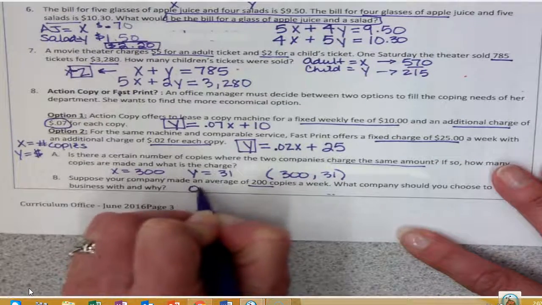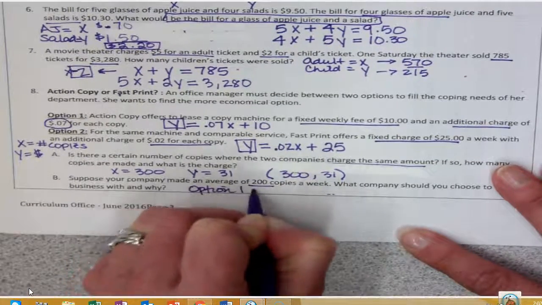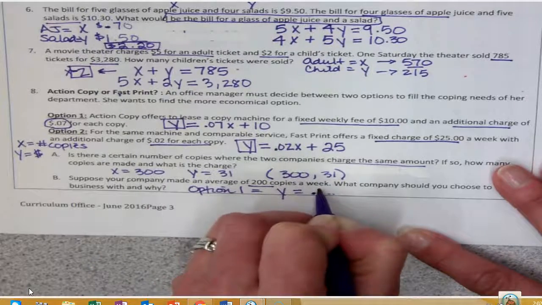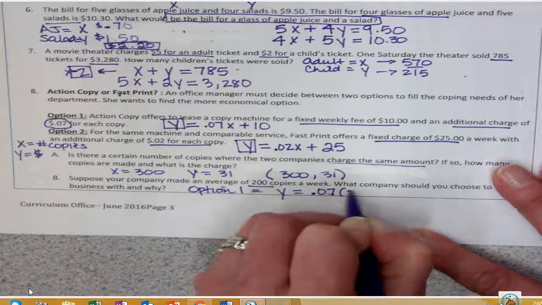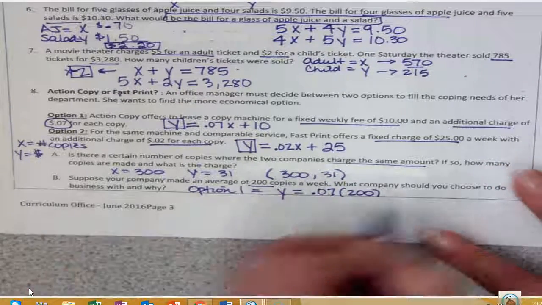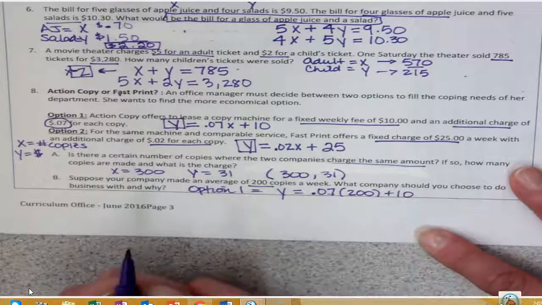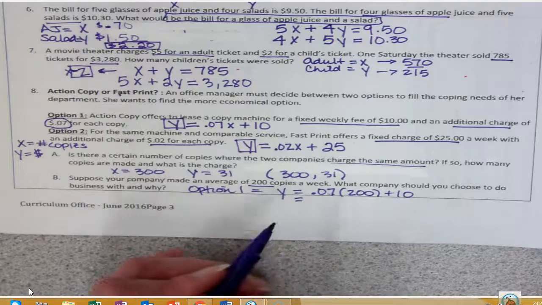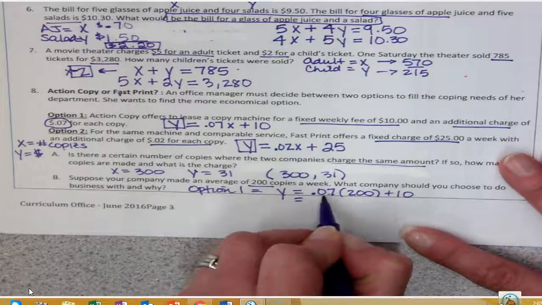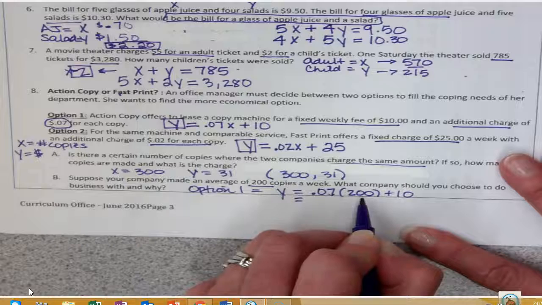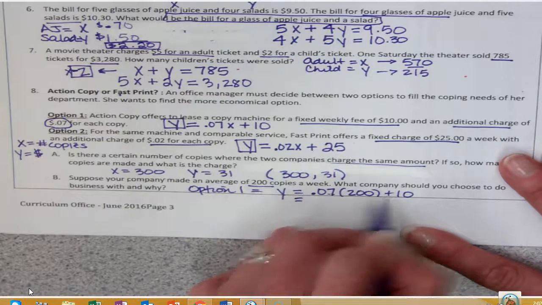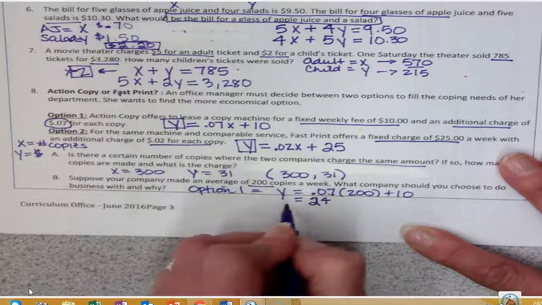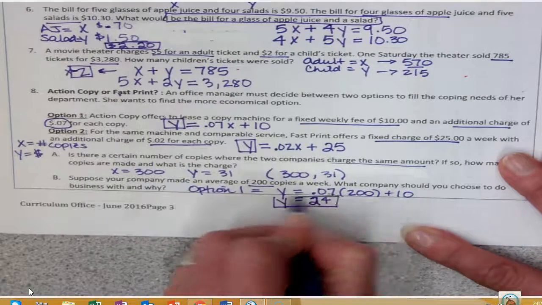Option 1 charges 0.07 dollars per copy, and I need to make 200 a week plus a $10 fee. So when I work that out, 0.07 times 200 is 14, plus 10 is $24. So y equals 24.